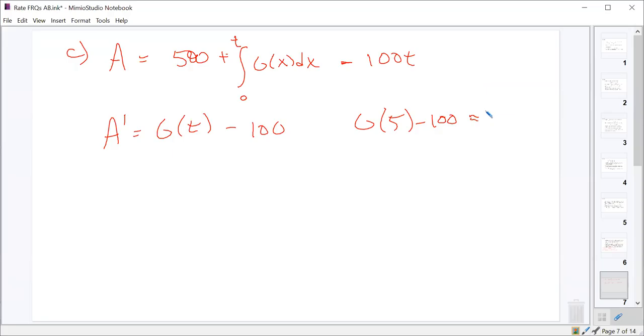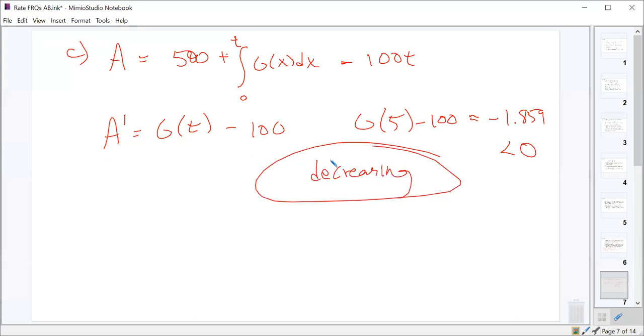G of 5 was 98.1, so 1.9, I guess. Negative 1.859, which is less than 0. So it should be decreasing. Do we need that first equation? Because I just went to A prime and just used that. If you just wrote this, that's fine.